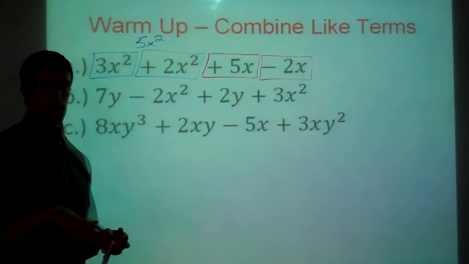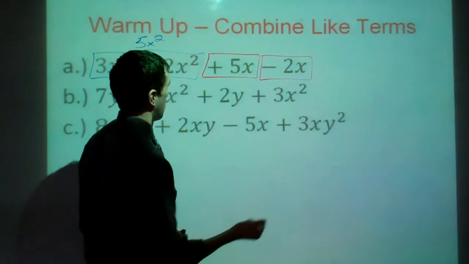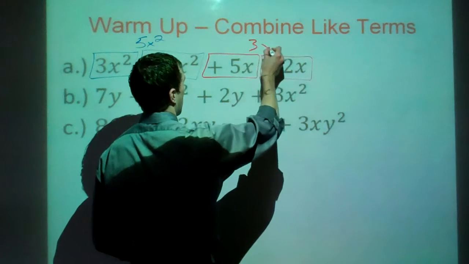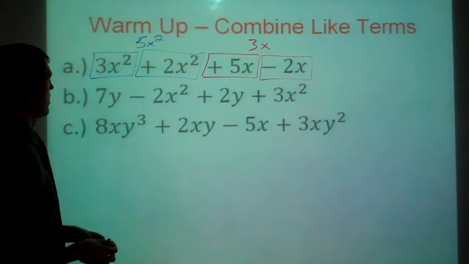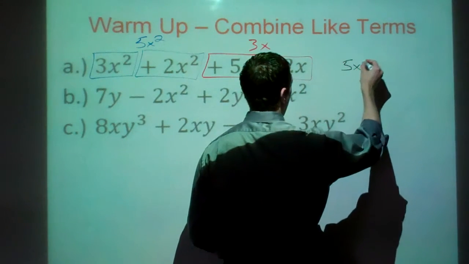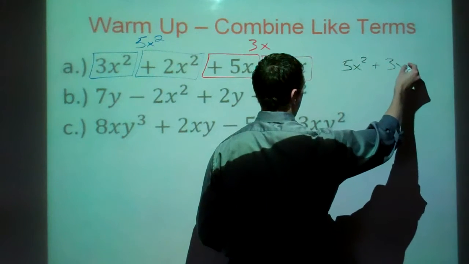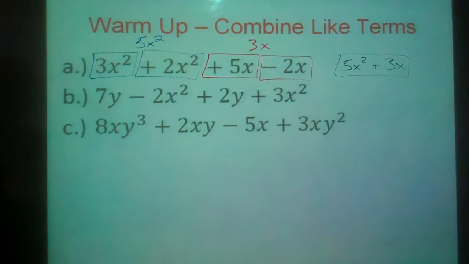That means we're taking 5 x's and then we're going to subtract 2 x's, which will leave us with 3 x's. So our final answer in simplified form would be 5x squared plus 3x. And that would be our solution right there.